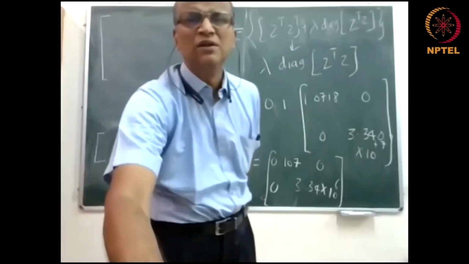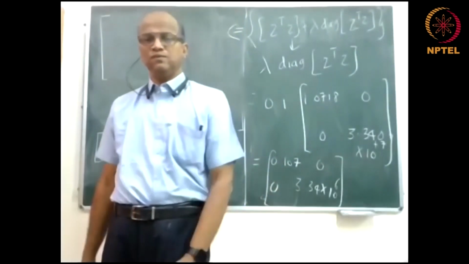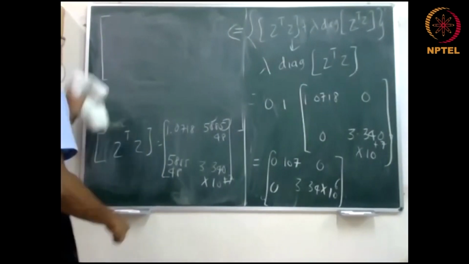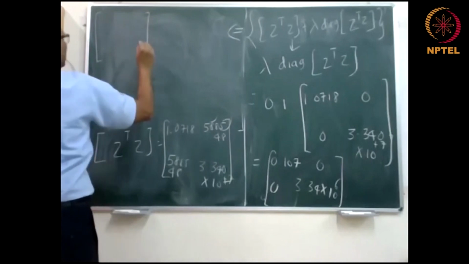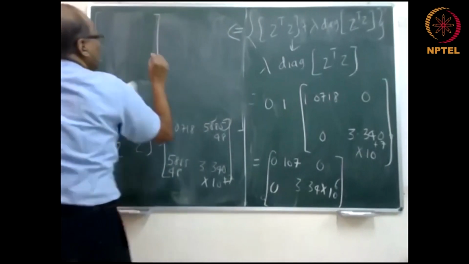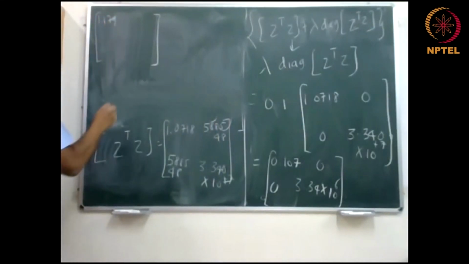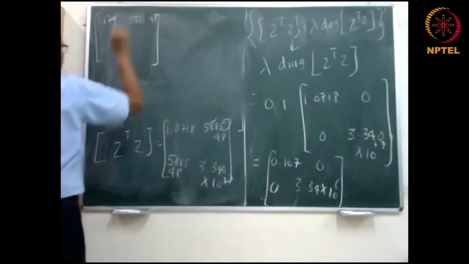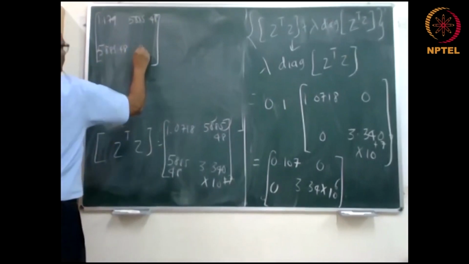Please tell me this matrix now, the 2 by 2 matrix. 1.179, 5885.48, 3.6744 into 10 to the power 7.